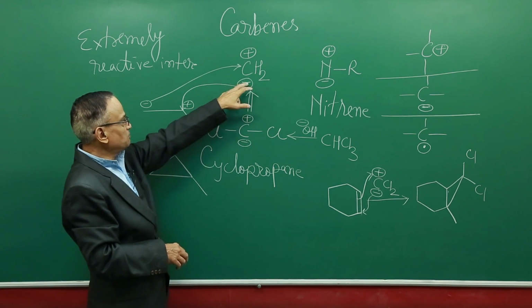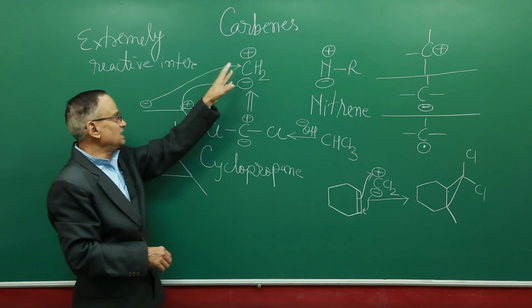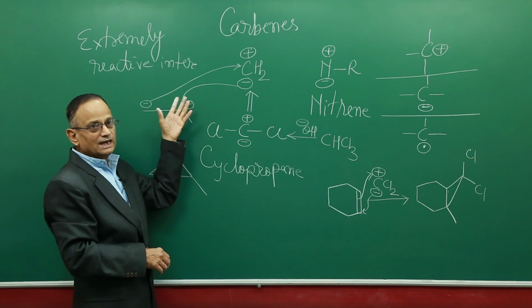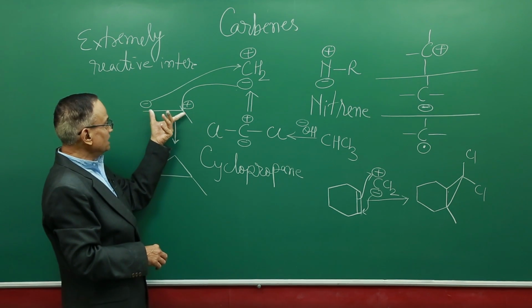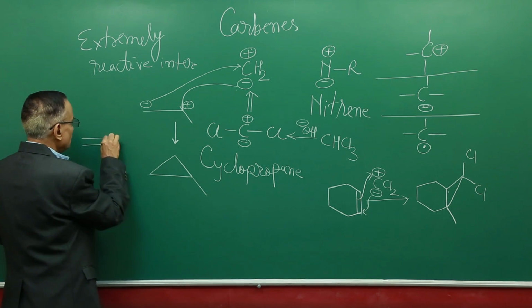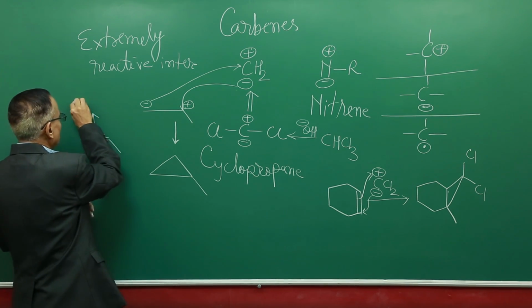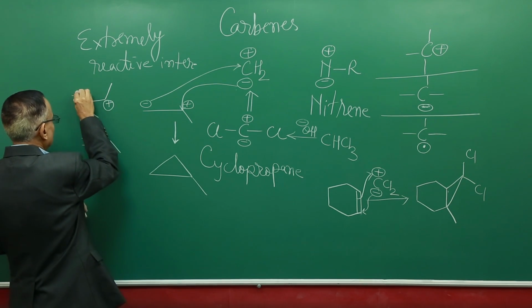Now, since this has both negative as well as positive charge, it will react with another species which also has the positive and negative charge. And we have seen that in alkene you can draw the resonance structures to give you a positively charged carbon as well as a negatively charged carbon.